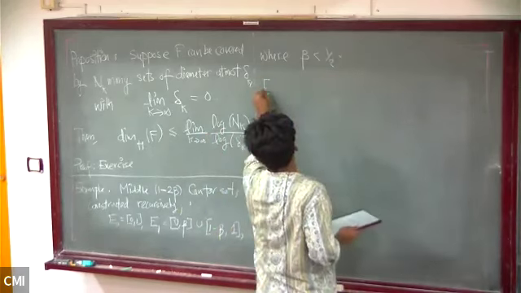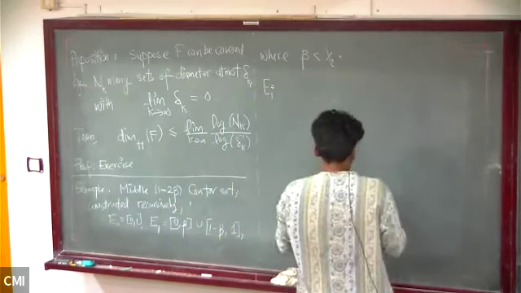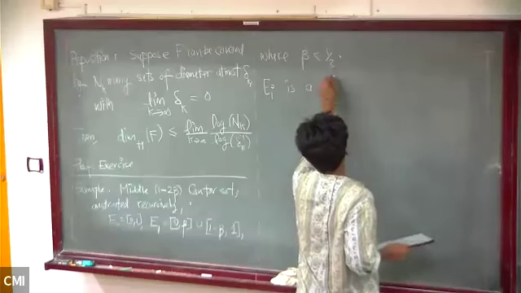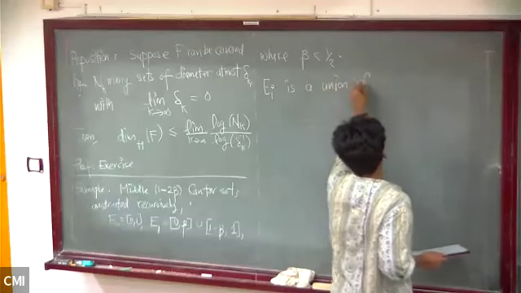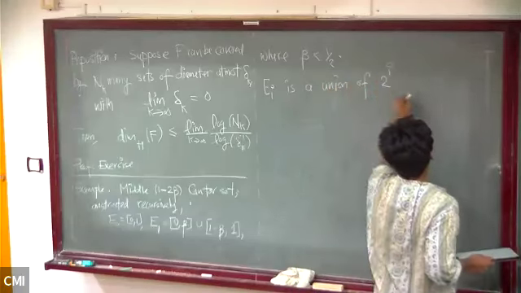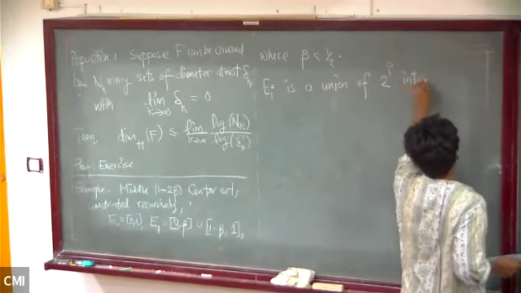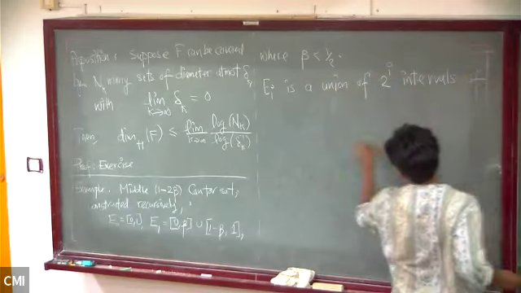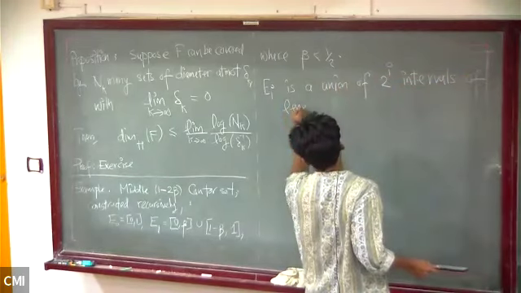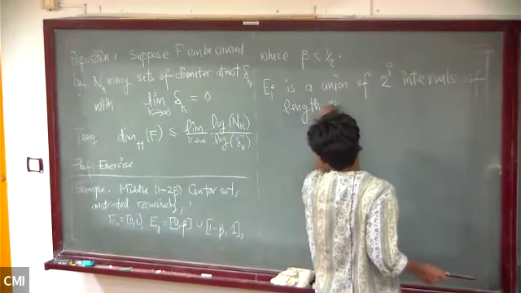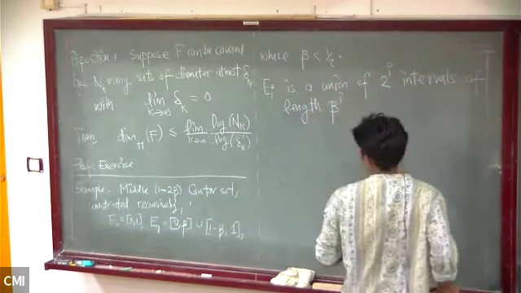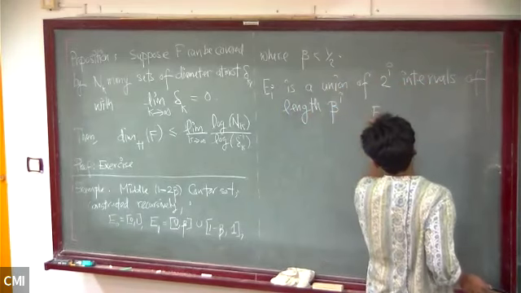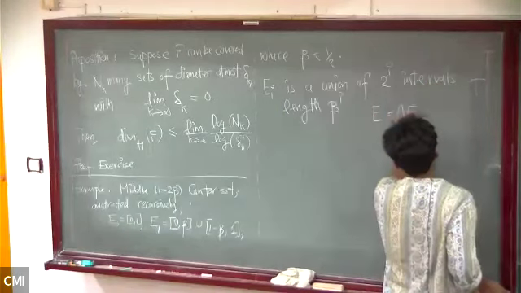So E_i is going to be a union of 2^i intervals of length beta^i. And E is defined to be the intersection of all these.